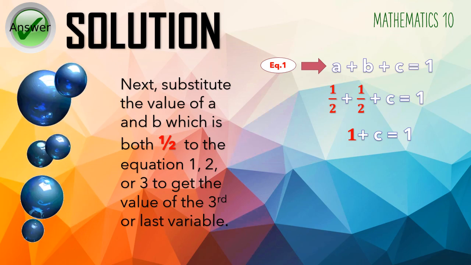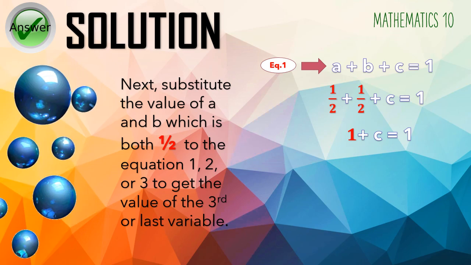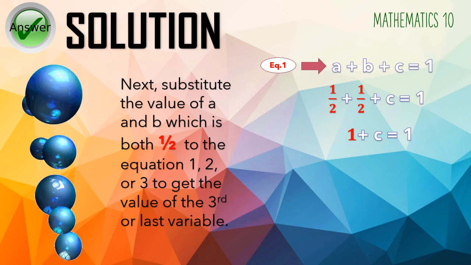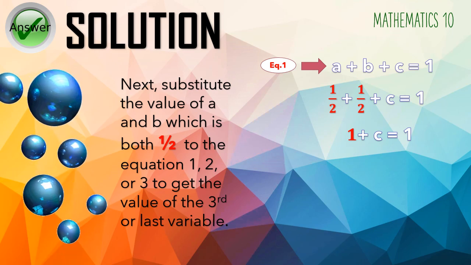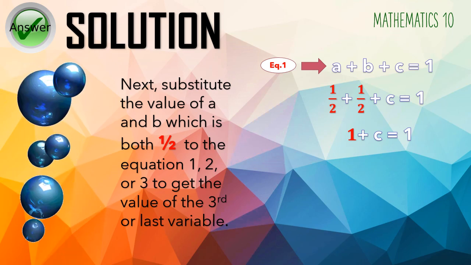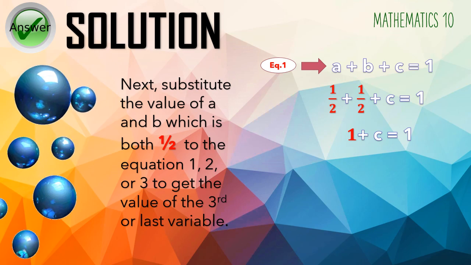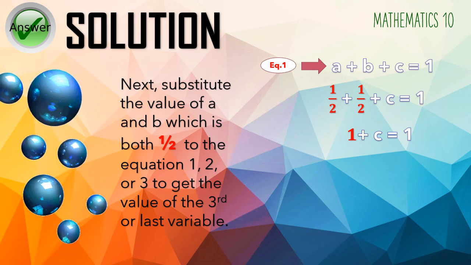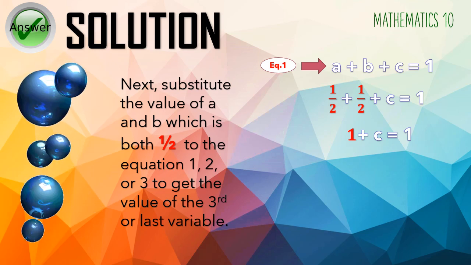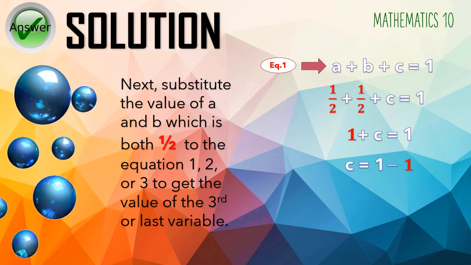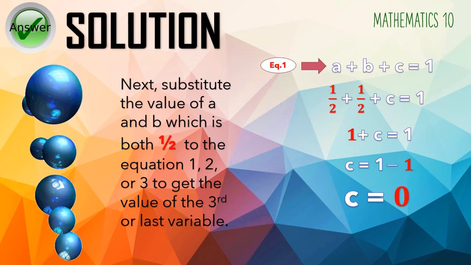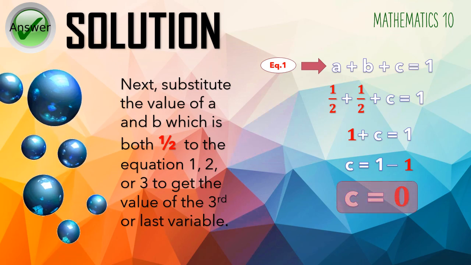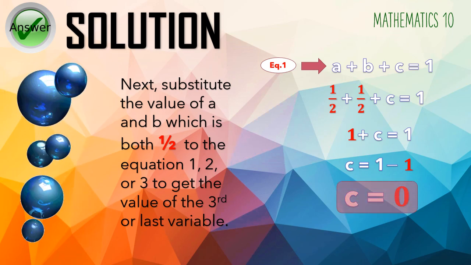To do that, apply the addition property of equality, but if you are more particular with the shortcut, that is transpose. We'll just transpose the sum of 1/2 and 1/2 to the right side to be combined with another constant. So 1 minus 1 is 0. That means the value of c is 0.